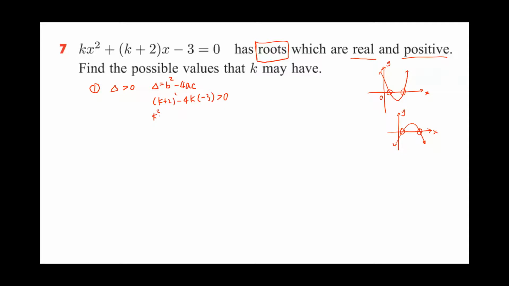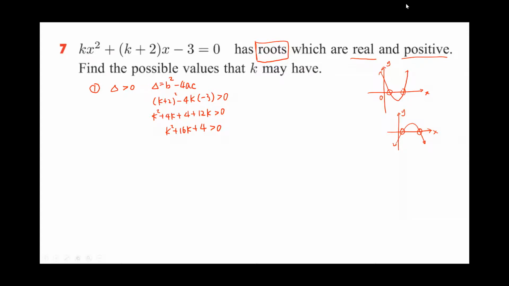K squared plus 4k plus 4 plus 12k is above 0. Is that okay? K squared plus 16k plus 4 is above 0. Does that make sense? All good, guys? Okay.